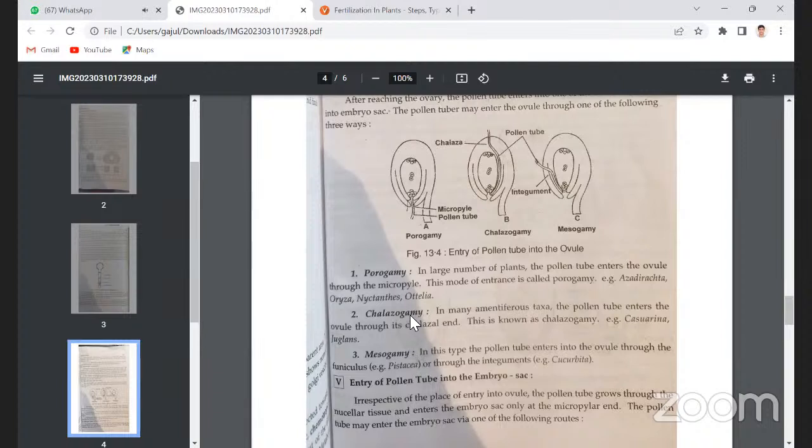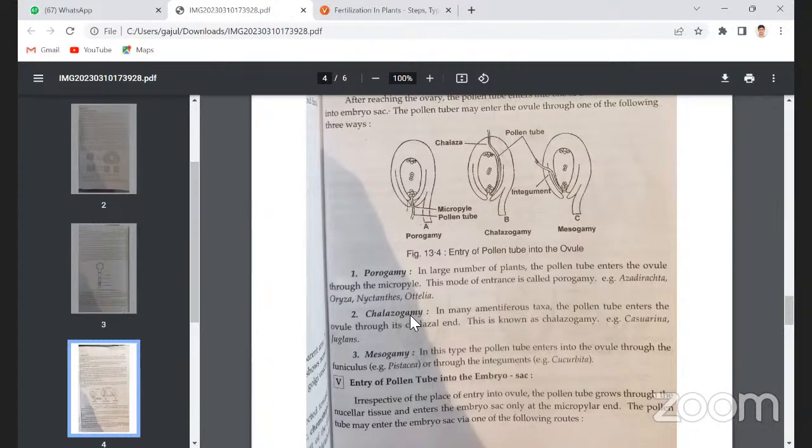What is the definition of porogamy? Simple answer: the pollen tube enters the ovule through the micropyle.